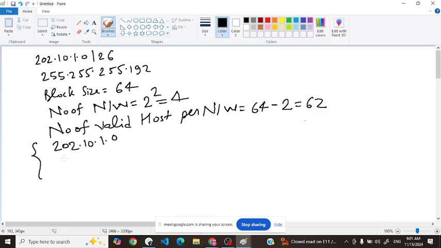Okay. What will be the first valid IP? It's going to be 202.10.1.1. What will be the last broadcast ID? We are going by 4, so the broadcast should be 202.10.1.63.